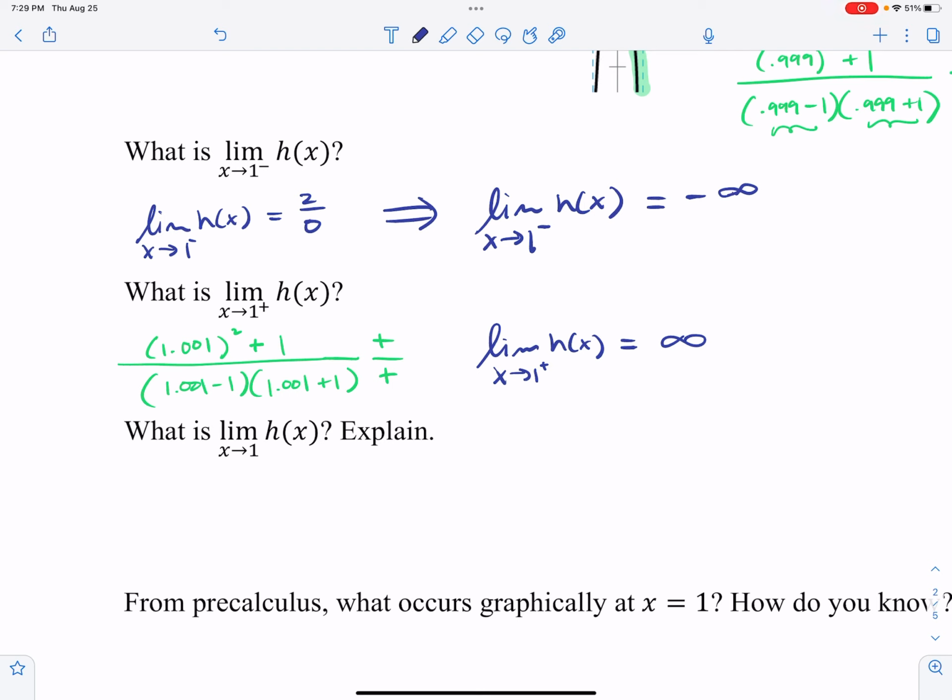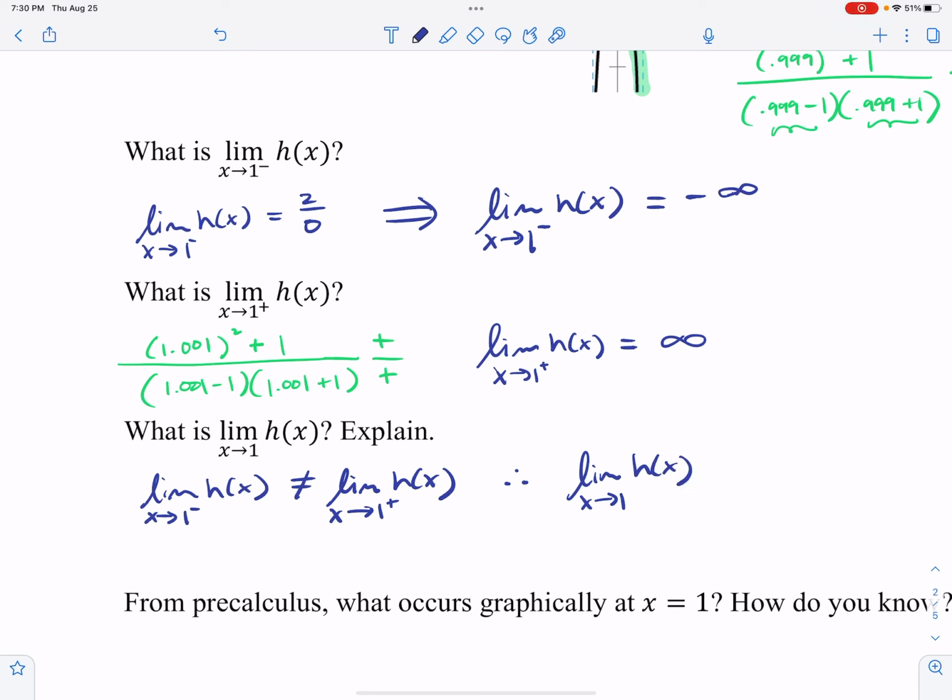But since those one-sided limits don't match, it would be good to state the limit as x approaches 1 from the left of h of x is not equal to the limit as x approaches 1 from the right of h of x. Therefore, our two-sided limit is just DNE. That's all we can say about it.